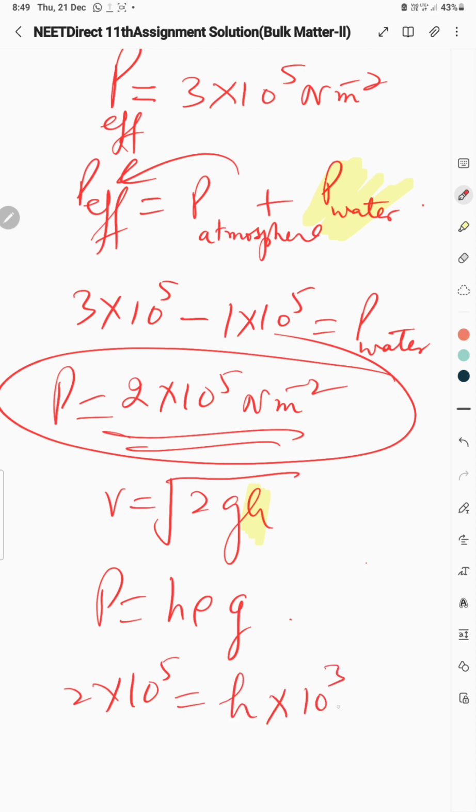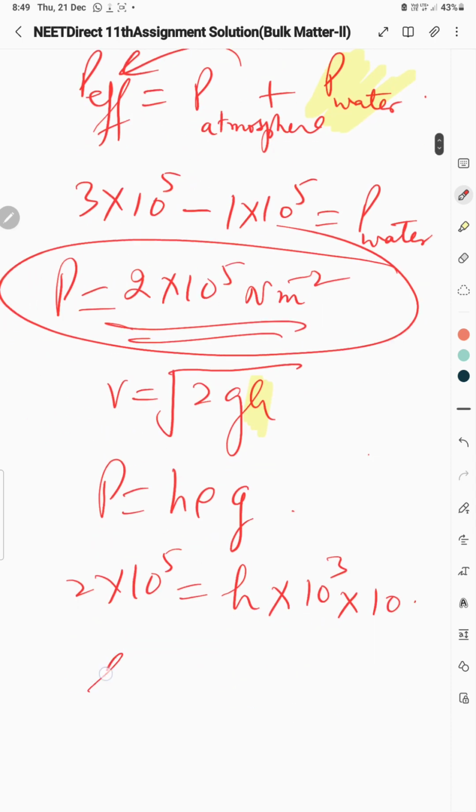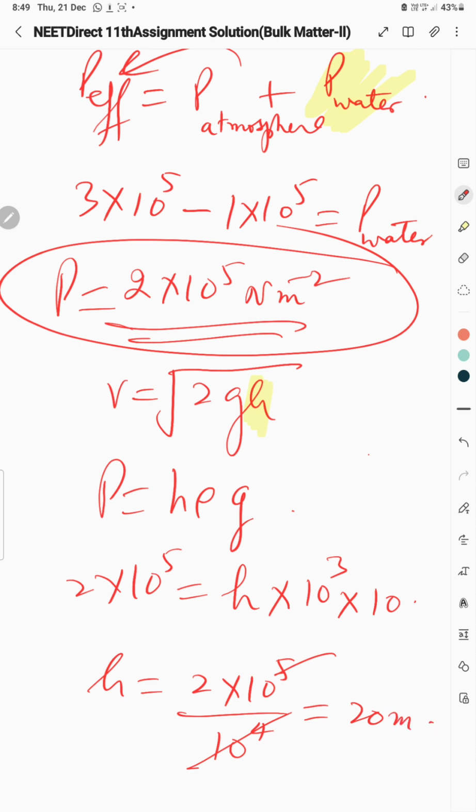Density of water is 10 power 3 kg per meter cube. G is roughly 10. So height to which water is filled is 2 into 10 power 5 divided by 10 power 4. As you can see here, this would get cancelled. It is 20 meters. Now we can definitely use h as 20 meters in this formula, and that's how we can get the answer to this problem.